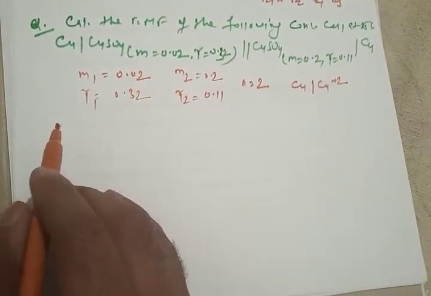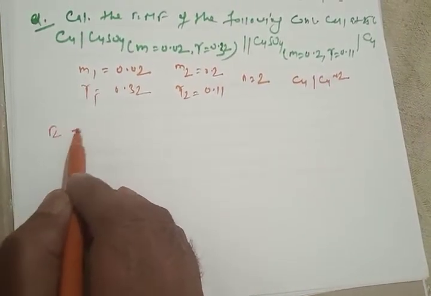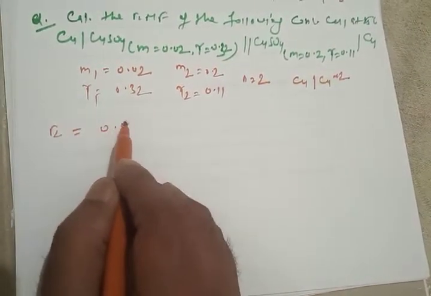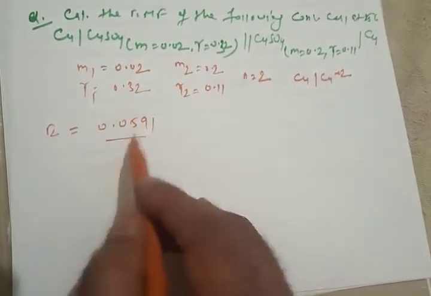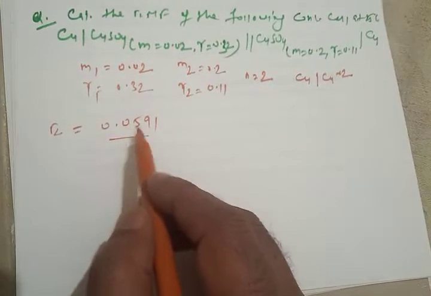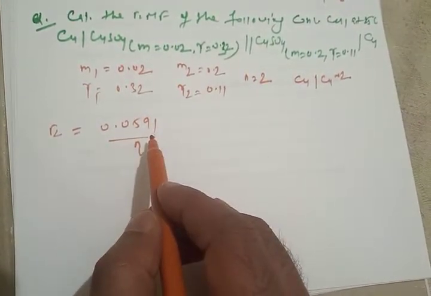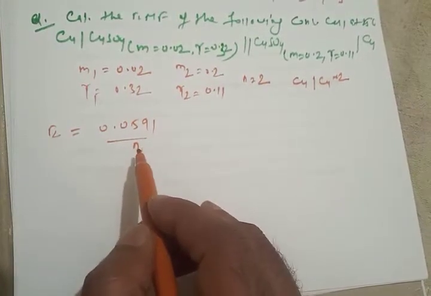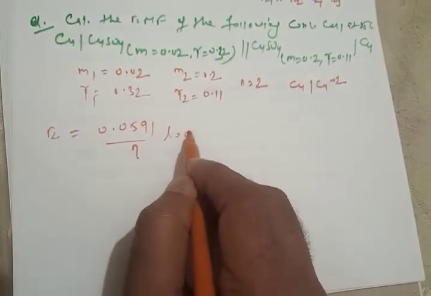So very simple, we can directly take the formula. So EMF equals 0.0591 upon n, because the R, T and F values we had already added here. R is 8.314, T we had already been given as 25 degrees Celsius, and F is 96500, that we can take, and then log.